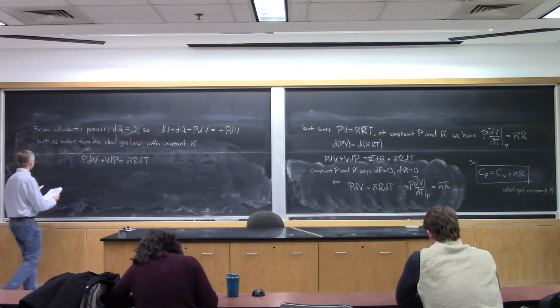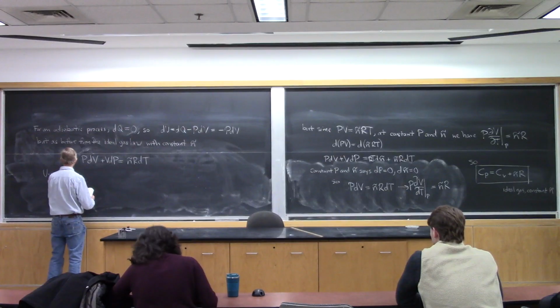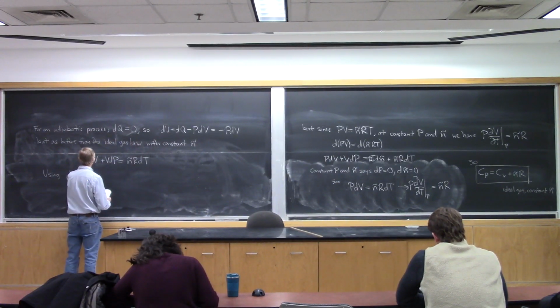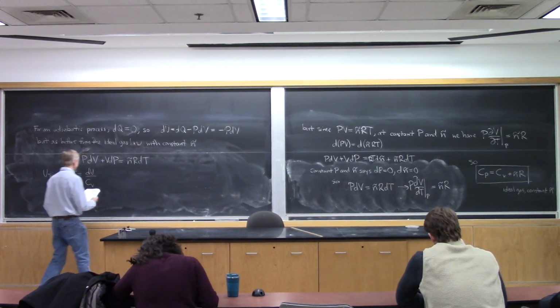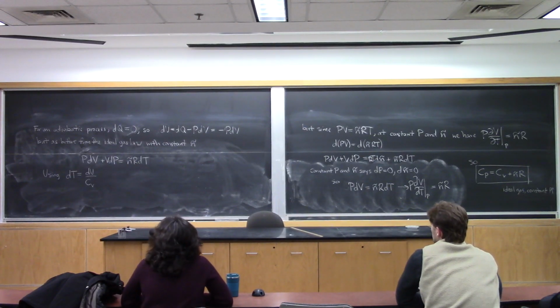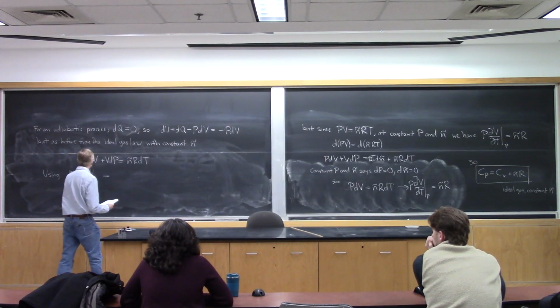All right, so using dT equals dU over the specific heat at constant volume, because we said that Cv is dU/dT no matter what, if n tilde is constant. But now it's adiabatic, right?